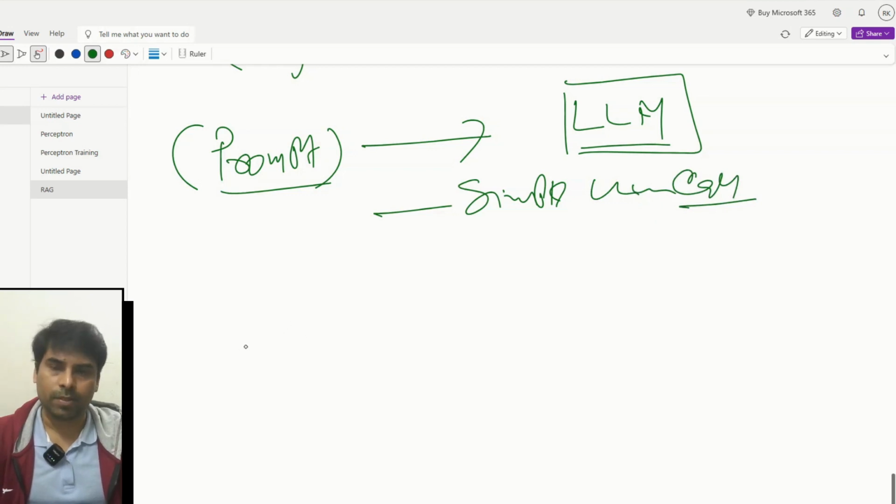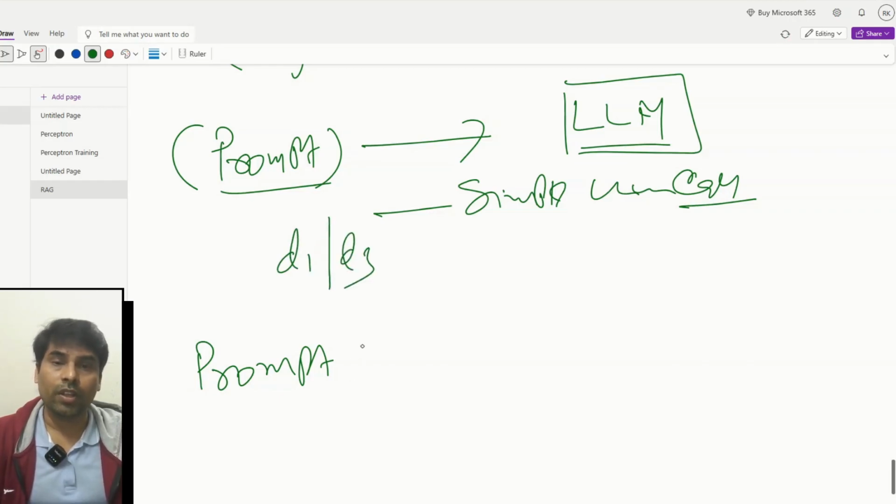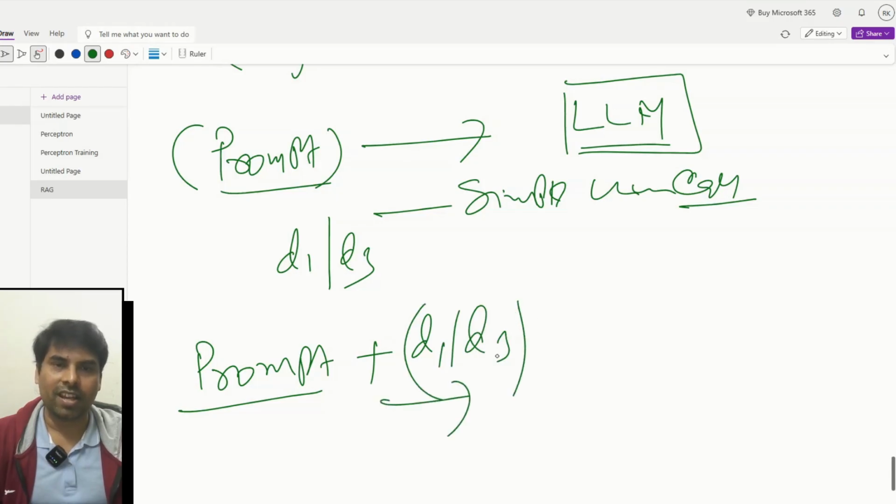But in the case of RAG, what happens? We send a prompt, and in the retrieval process, the first process, I have already found two documents, D1 and D3. So we do augmentation. What is augmentation? Combining, merging, or adding. We add the prompt and my documents D1 and D3, and I'm calling it the context, because D1 and D3 have the right context for my given prompt.